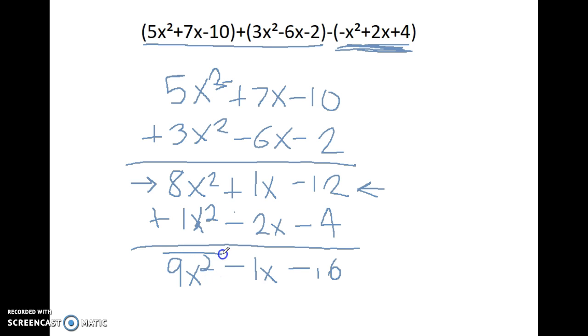So this is our final answer. It's in standard form, so it's highest to lowest power. We followed order of operations, we added the two terms, and then we subtracted the last term, and this is what we got.